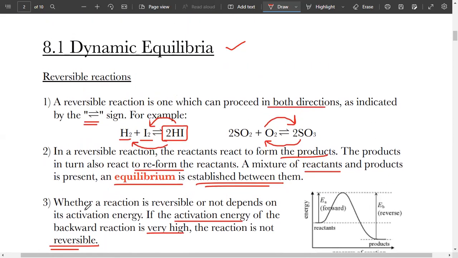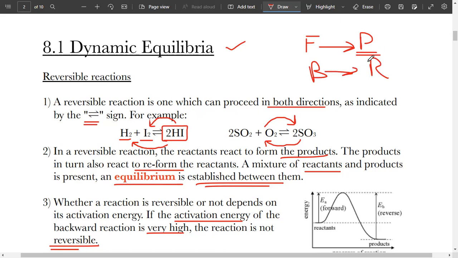और dynamic equilibrium आपको तब reach होगा when the rate of forward reaction is equal to the rate of backward reaction. लेकिन reversible reaction का आपको पता होगा that it can proceed in both the directions. We have a forward reaction and we have a reverse reaction or backward reaction. Forward reaction always produces products. जब आपके पास forward reaction होता है, it always produces products, and backward reaction always produces reactants.